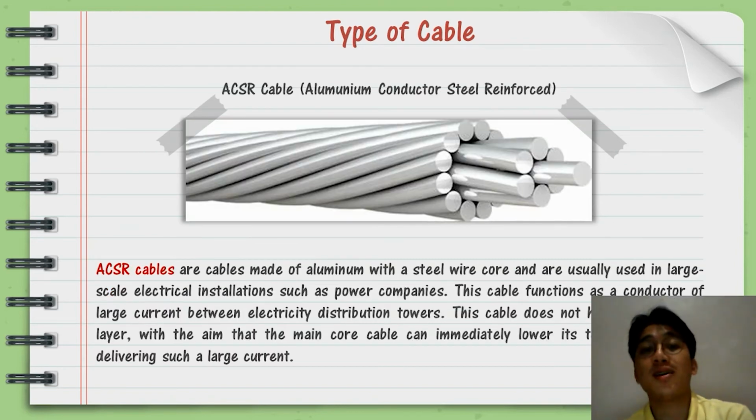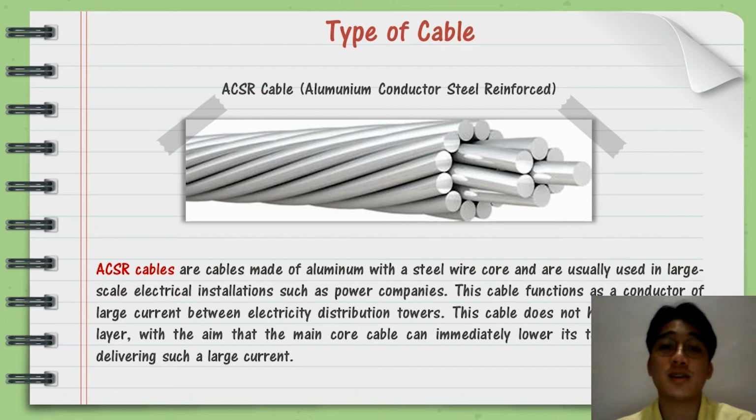The next one is ACSR cable, also known as aluminum conductor steel reinforced. These cables are made of aluminum with a steel wire core and are usually used in large-scale electrical installations such as power companies.